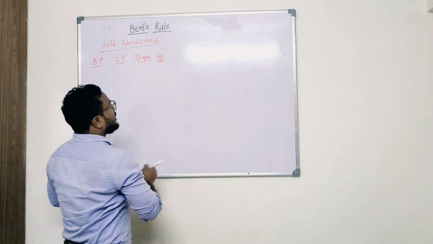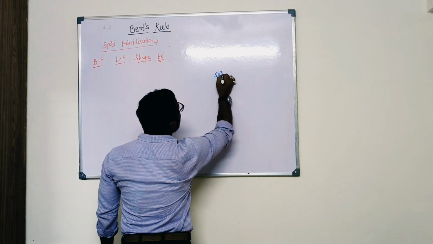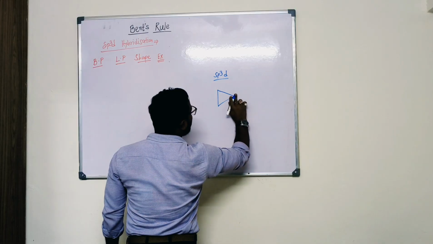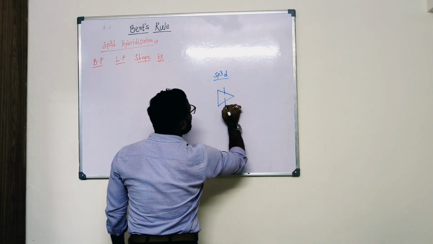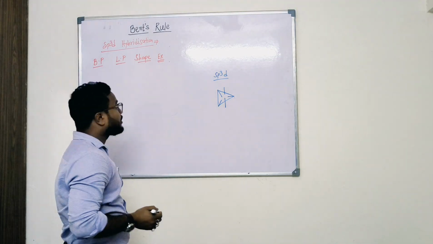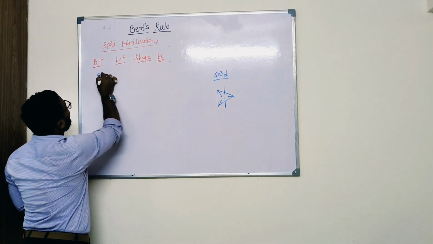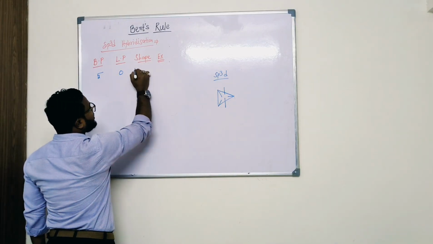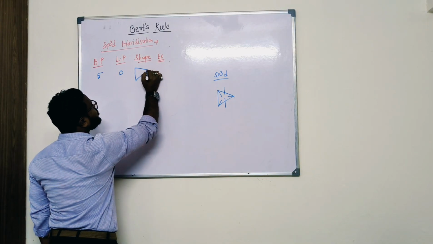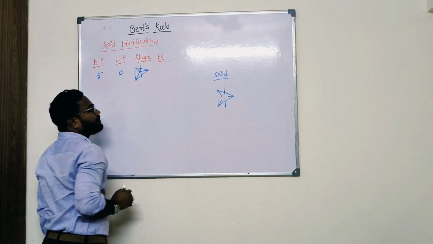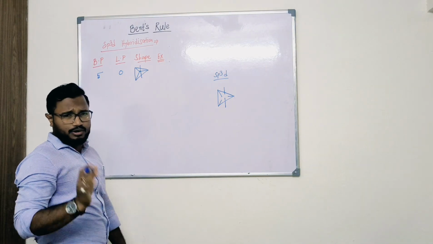We know that if we are drawing sp3d, how many bonds are required? 1, 2, 3, 4, 5 bonds are required. So if bond pair is 5 and lone pair is 0, then in this case shape is equal to geometry, and hybridization is always sp3d, we are considering.